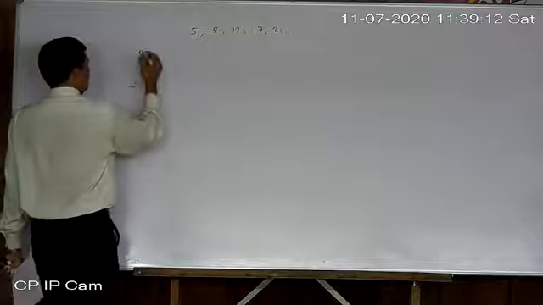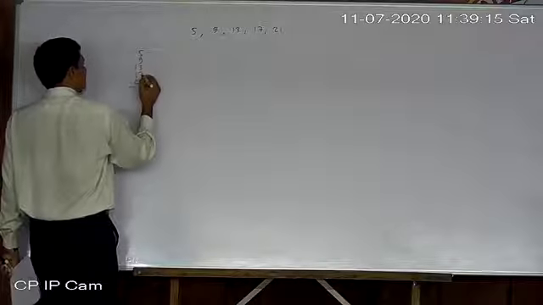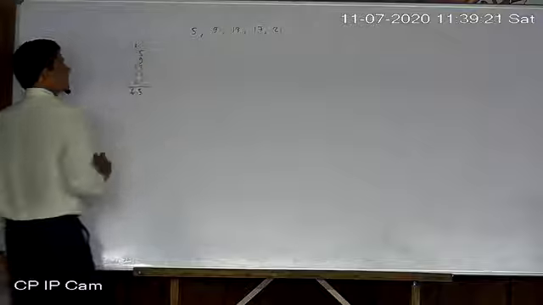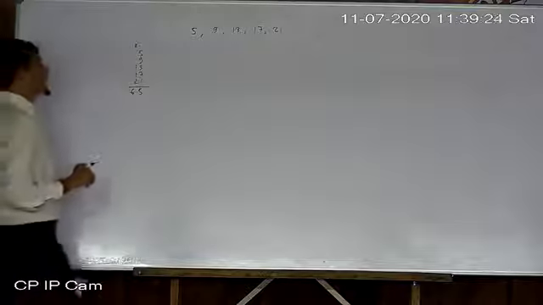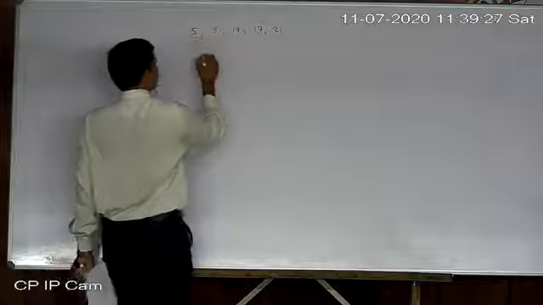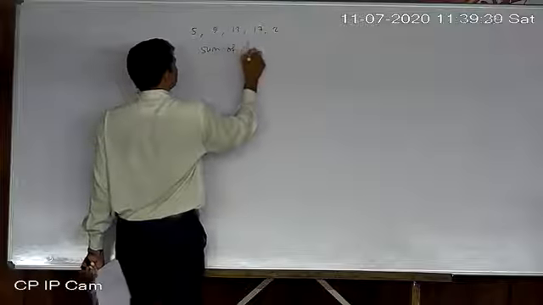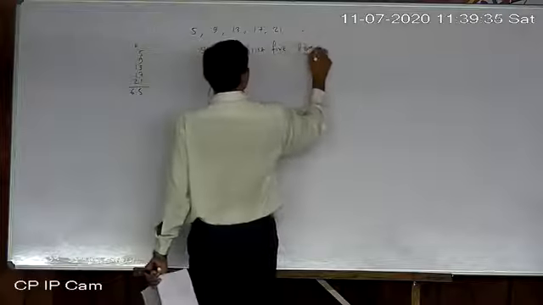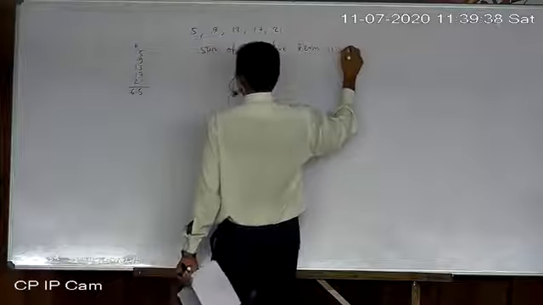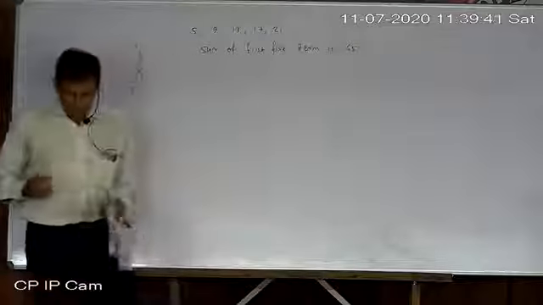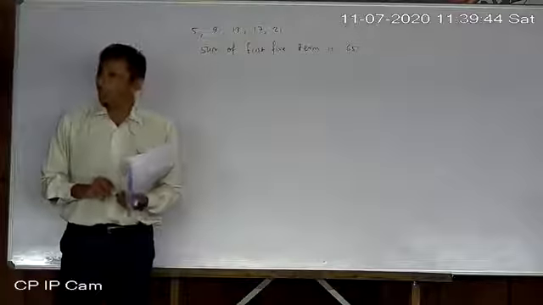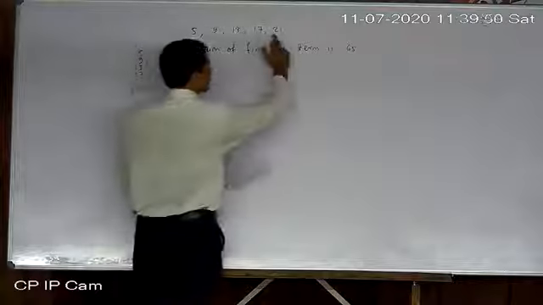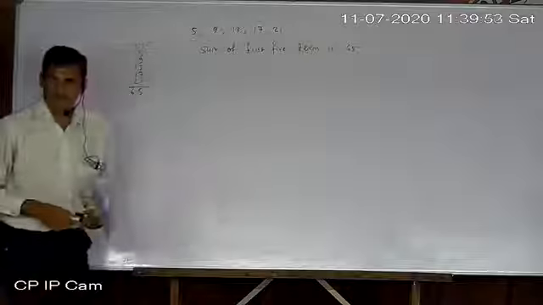So it will be 5 plus 9, 14, plus 13, 27, plus 17, 44, plus 21, 65. So the sum of the first 5 terms is 65, but I have not used any formula. I just orally added all 5 to get the sum of the first 5 terms as 65.